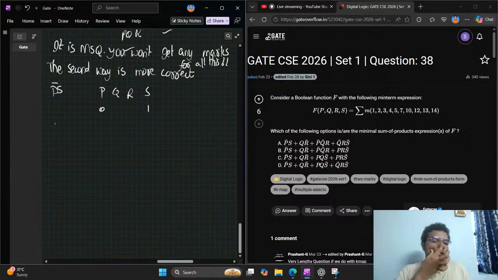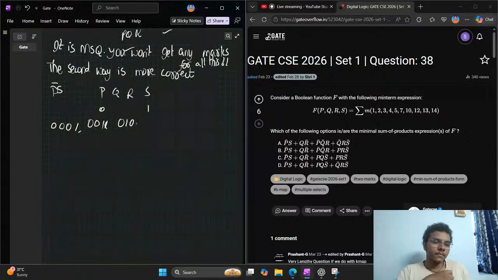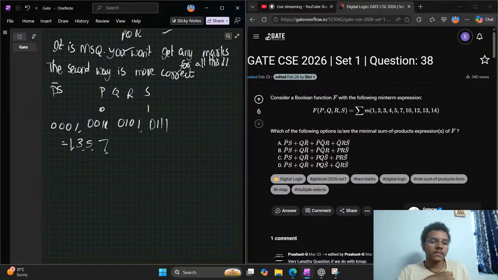There are four combinations, that is 1 and that is 3 and that is 5 and that is 7. Okay, these are the min terms that it is covering.